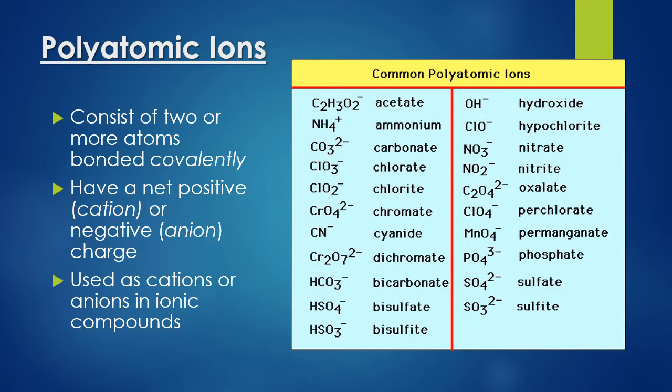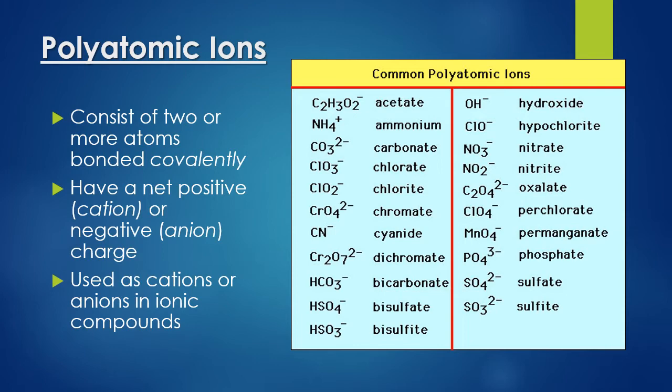Now, the atoms in the polyatomic ions are bonded covalently, but the polyatomic ion itself has an overall charge, whether it be a positive or a negative charge. Since it has a positive or negative charge, it is used as either a cation or an anion in ionic compounds. So off to the right here, I have a list of common polyatomic ions that we'll see present in some of the compounds we're going to be naming.